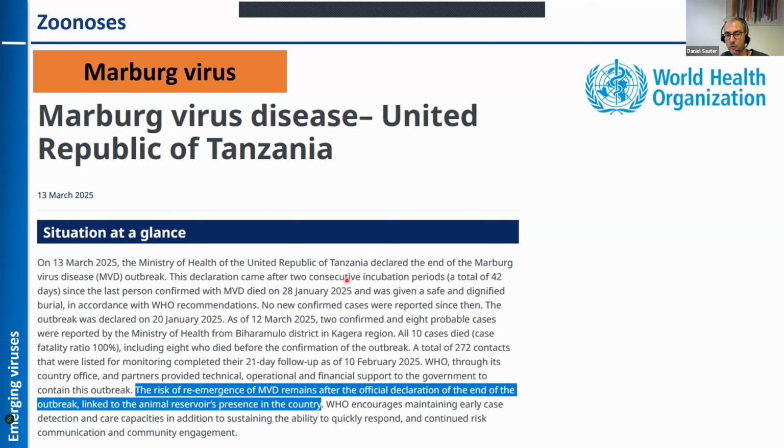Then there's no risk of spillovers anymore, because there's no animal reservoir for these viruses. However, for zoonotic viruses such as Marburg virus, this won't be possible, and it's not feasible to vaccinate or to eradicate the virus from the reservoir or carrier species.